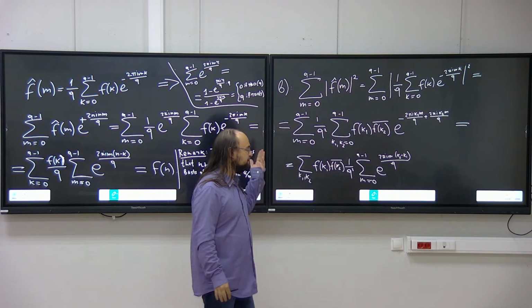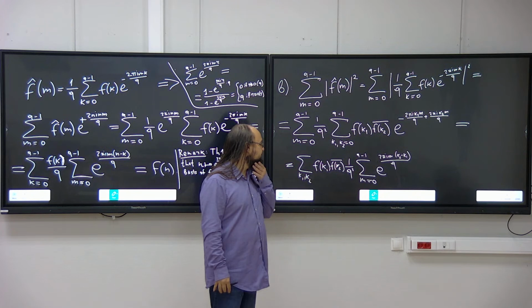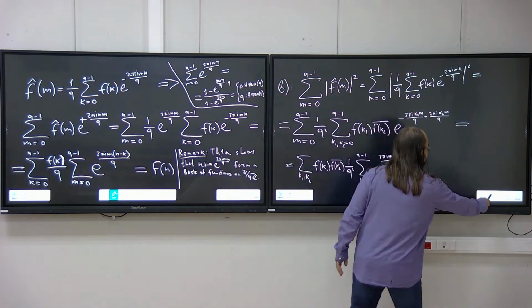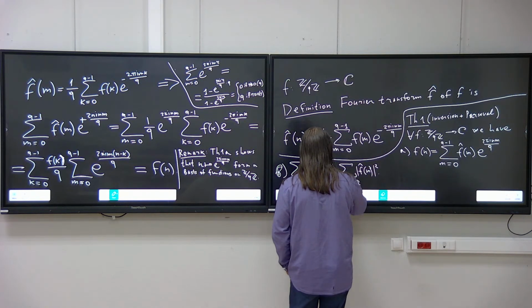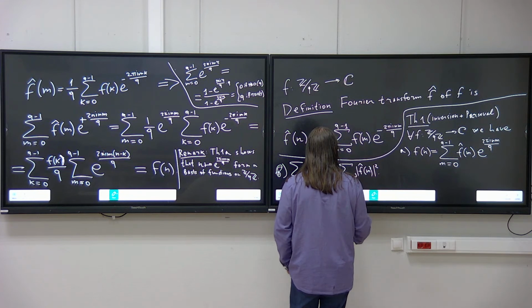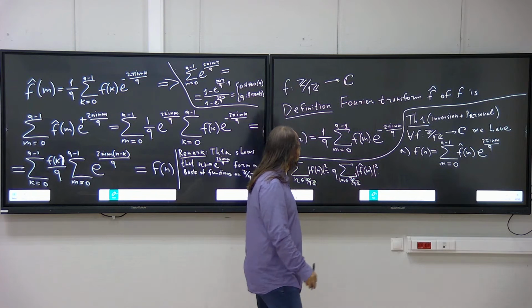And this sum is equal to 0 if k1 is not equal to k2, and to q if k1 equals k2. Sorry, this is once again incorrect. I'm very sorry. This should be q. Yeah, now everything is fine.